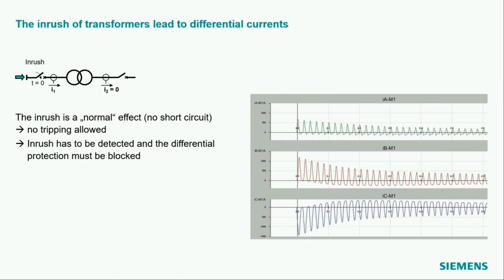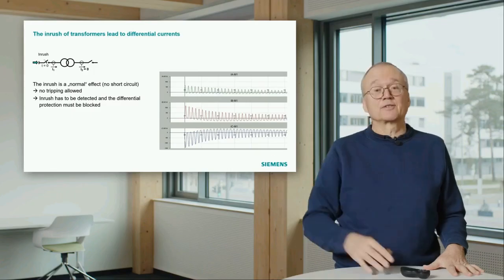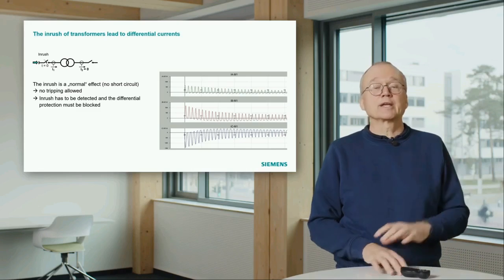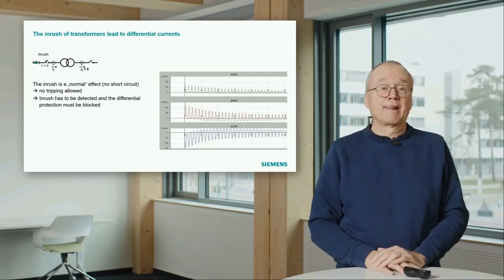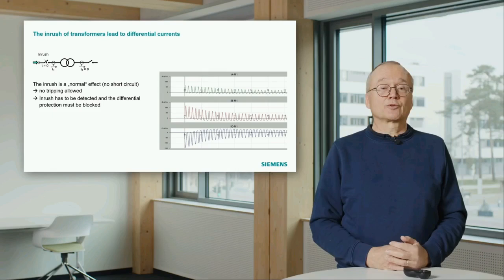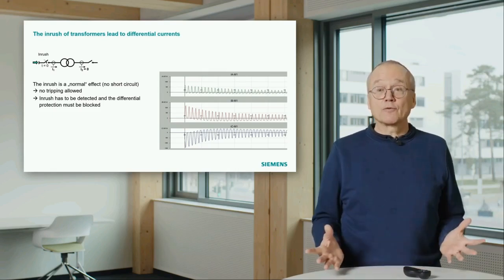So what can we do? Not a good idea would be to say, okay, if the differential protection trips, we switch off the protection relay, energize the transformer, wait until this is gone, and then reactivate the protection relay. Then we would get the transformer in operation. But why do we have the protection relay?